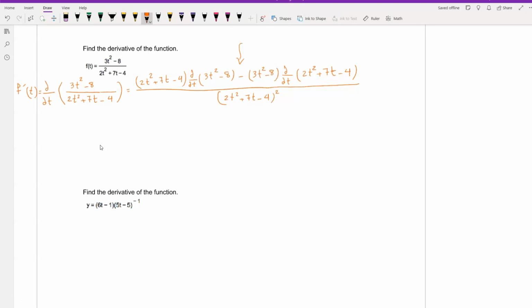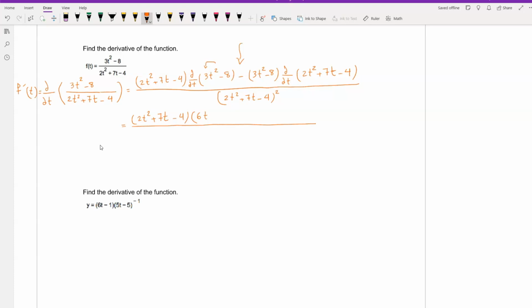Now find the derivative. So this is equal to, here we have 2t squared plus 17 minus 4 times derivative of 3t squared minus 8, that is 2 times 3. So 6t, power is 2 minus 1.